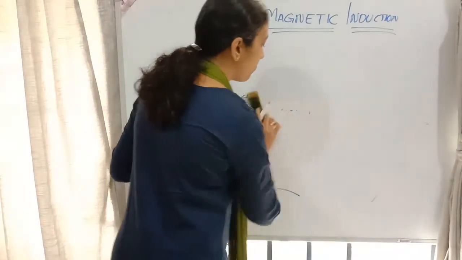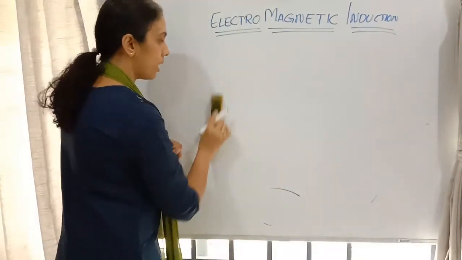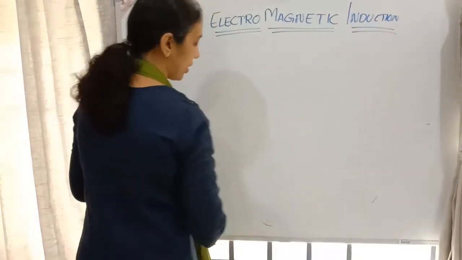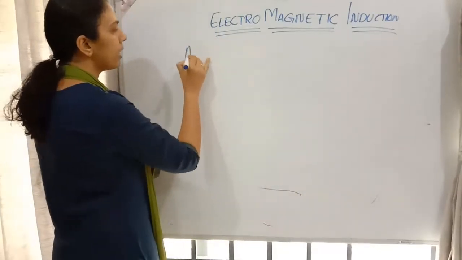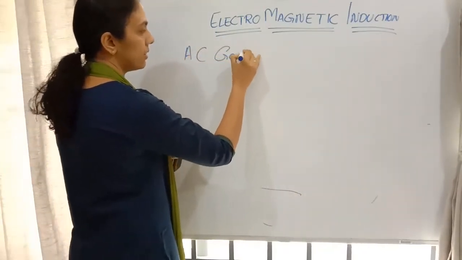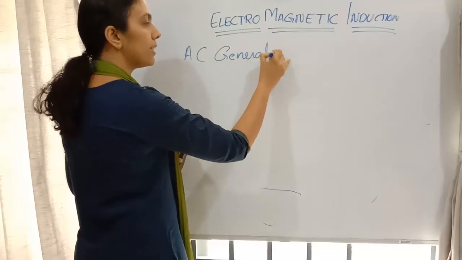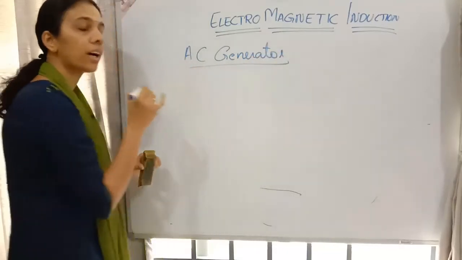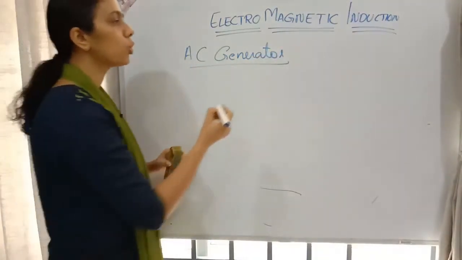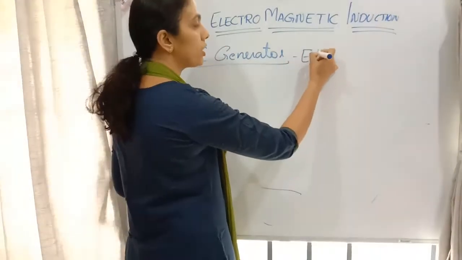Okay. So next we are going to study about the AC generator. AC generator works on the principle of electromagnetic induction.